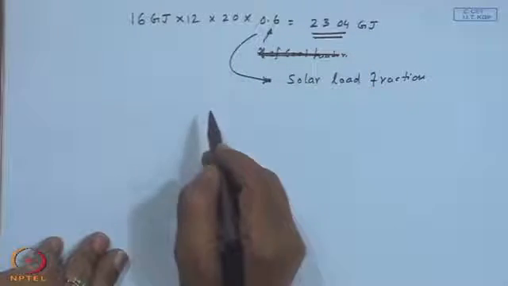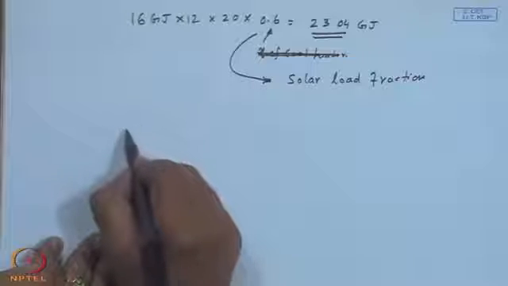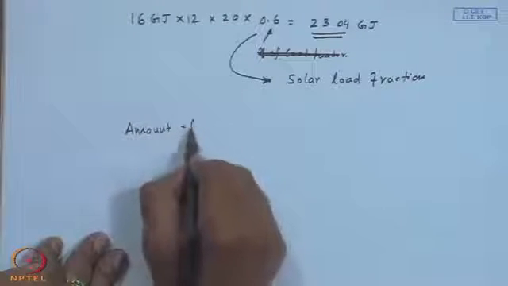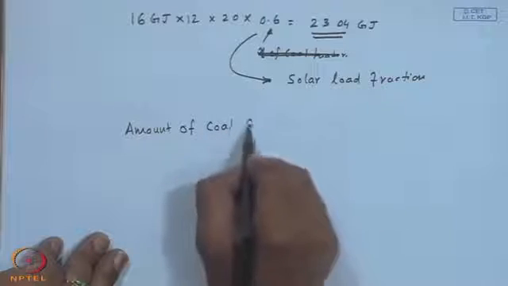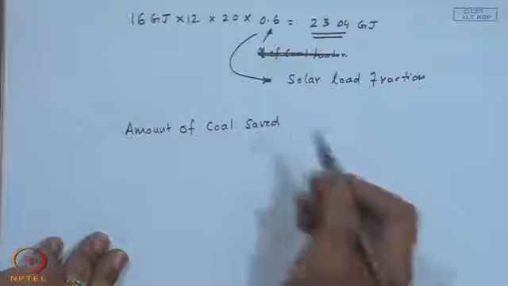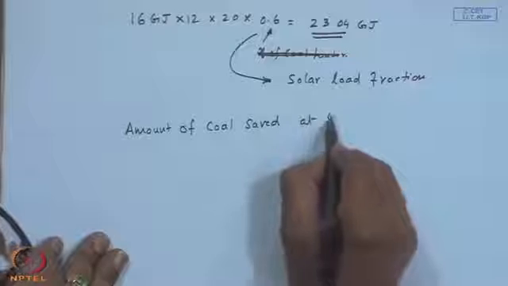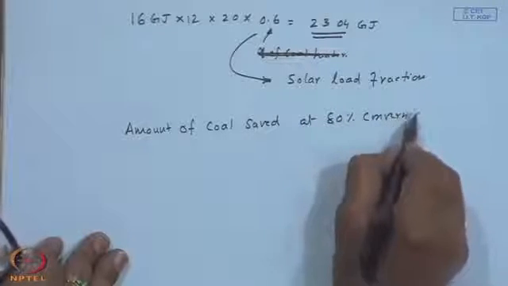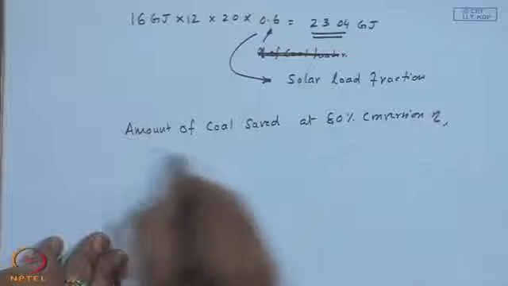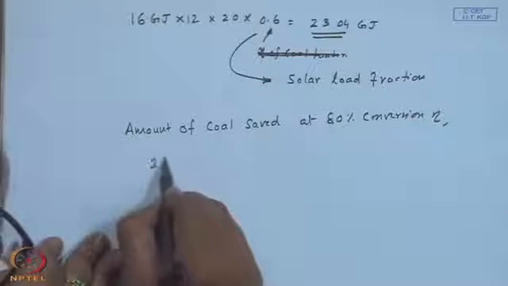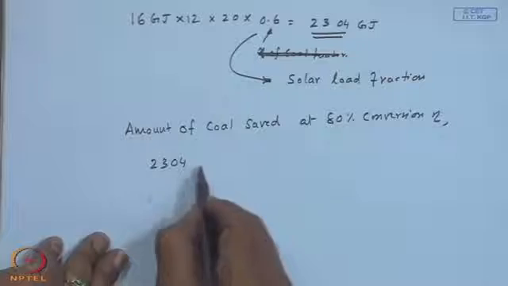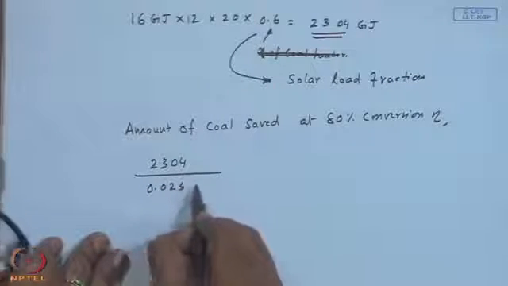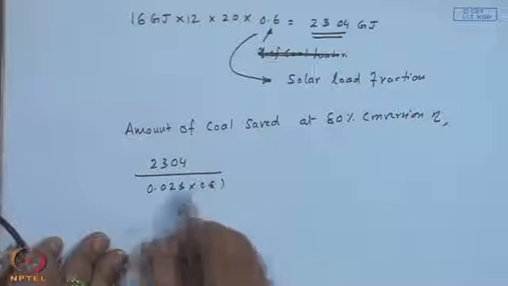Now, the amount of coal saved at 80% conversion efficiency is 2304 gigajoules divided by the calorific value into 0.8, in gigajoules.